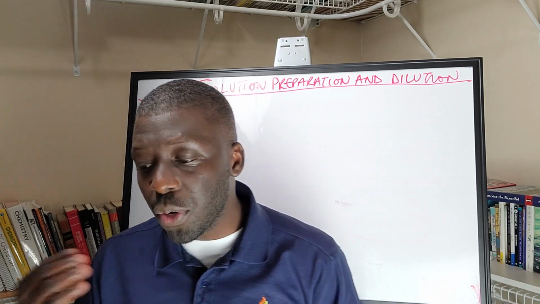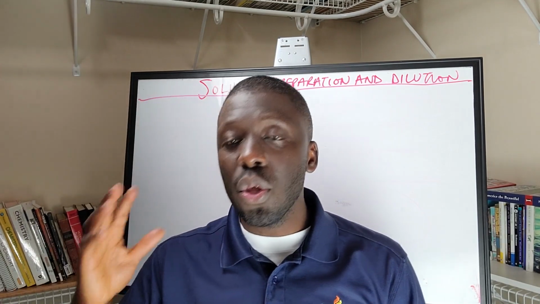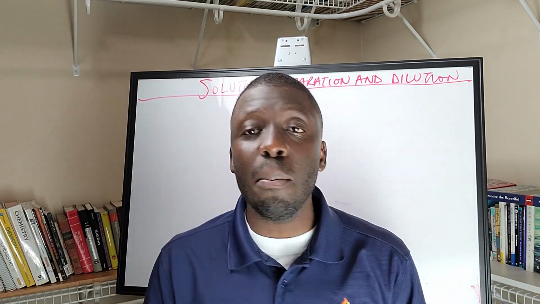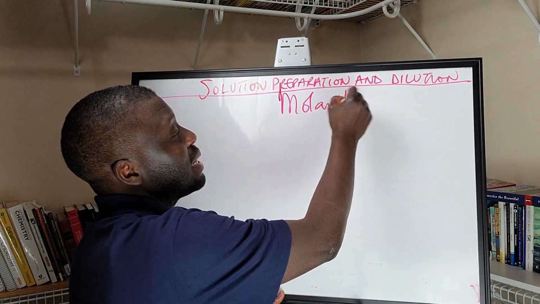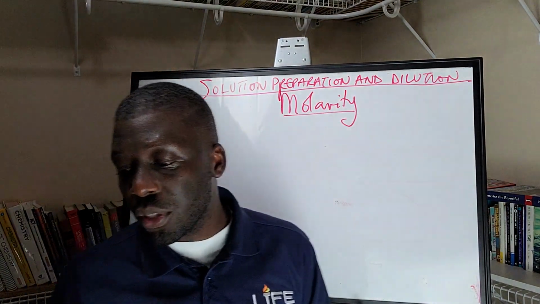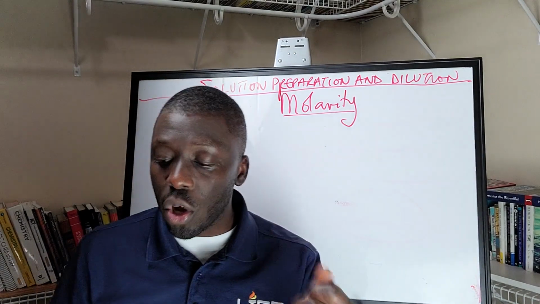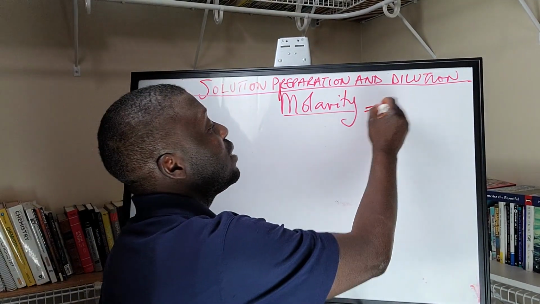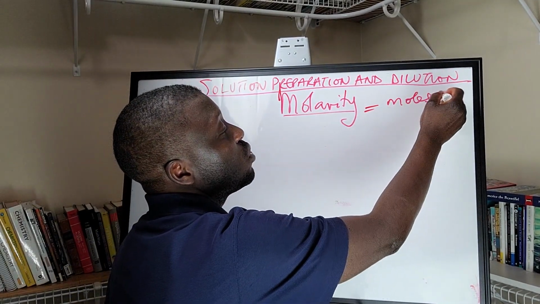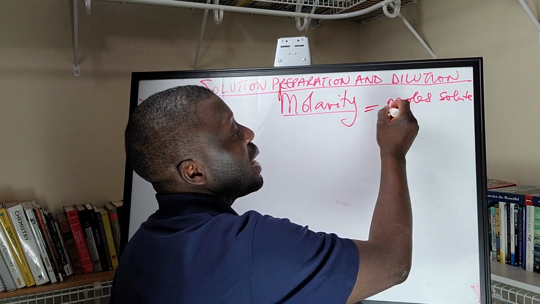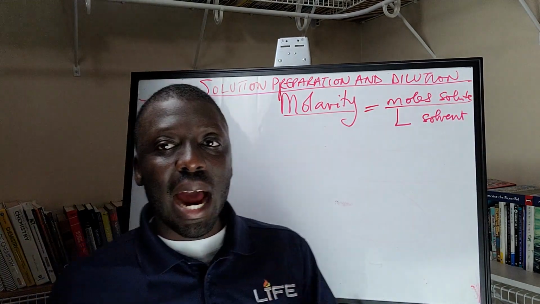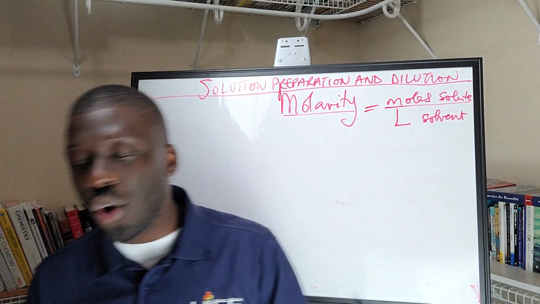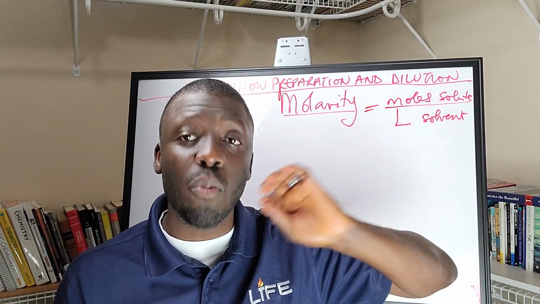Chemists frequently need to make a chemical solution at a given concentration. Molarity is one of the key words for today. Molarity is very important, and it's the moles of the solute divided by the liters of the solvent. There's another word you will learn later called molality.